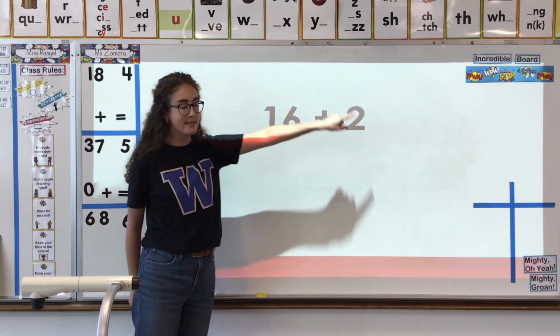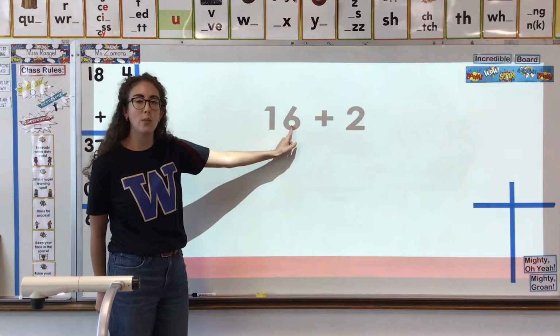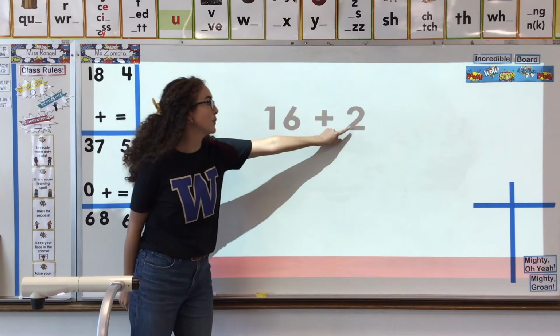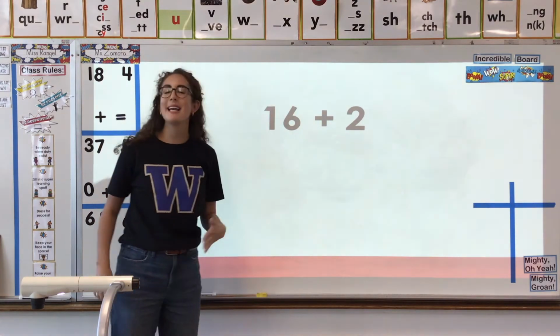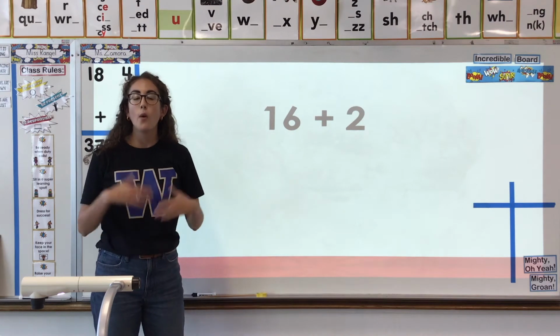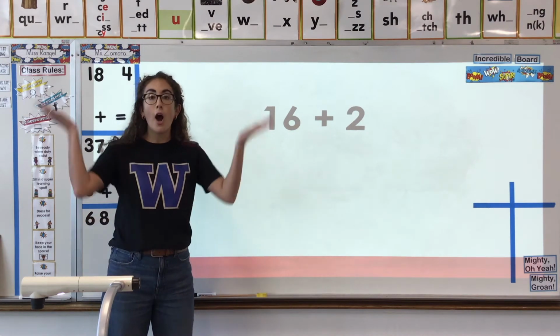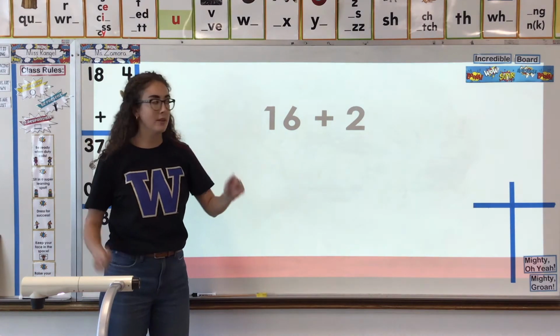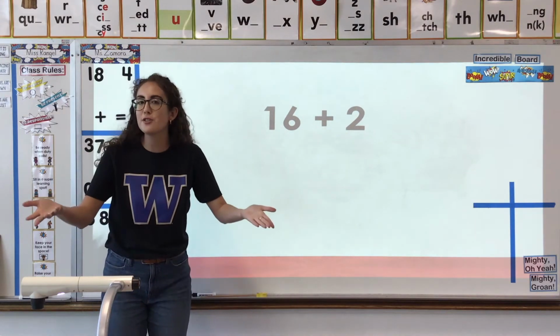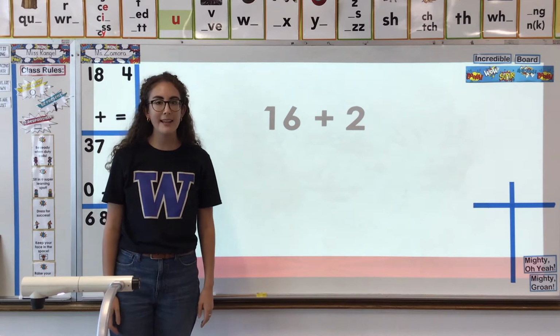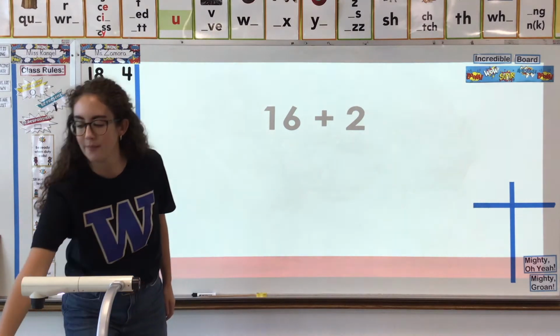The 2 ones is going to add to the 6 ones. 6 plus 2 is 8, so 16 plus 2 is 18. We have a strategy to use our place value to do mental math by adding the ones. But that strategy might not always apply, so we have to learn new ones.